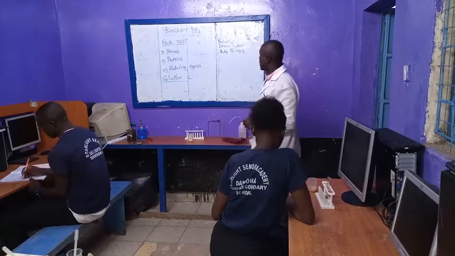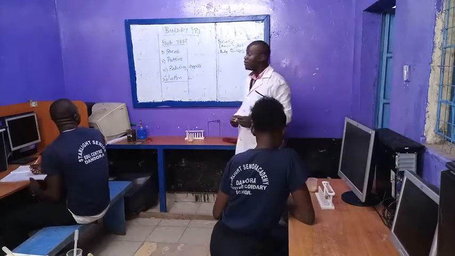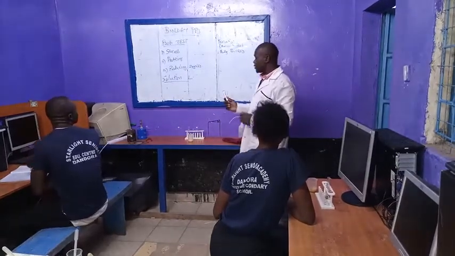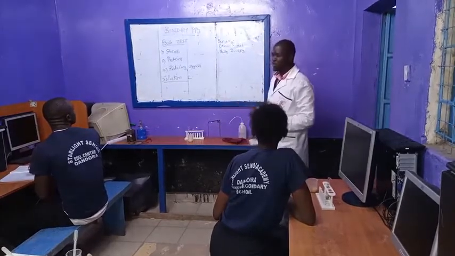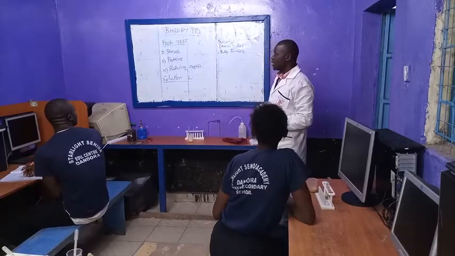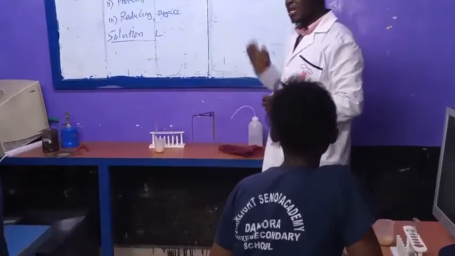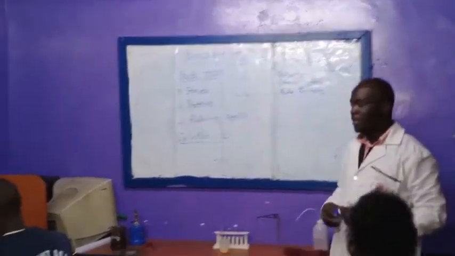Now we want to consider the testing for presence of proteins in any food substance. First we realize that the building blocks for proteins are known as amino acids. Now, proteins are generally used for body building, that is increasing in mass.